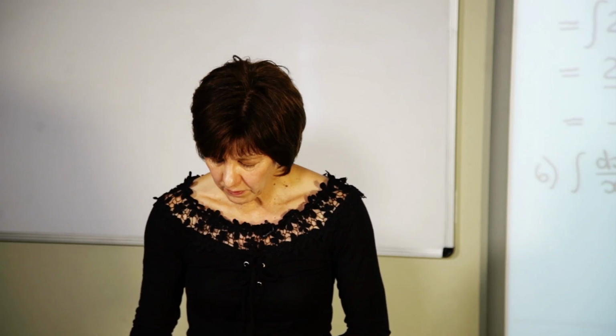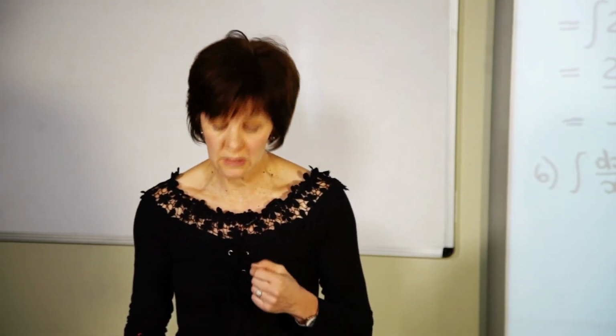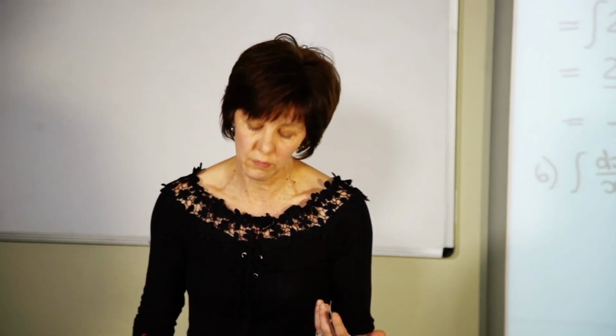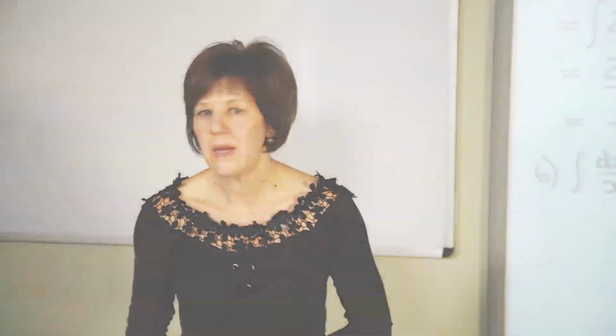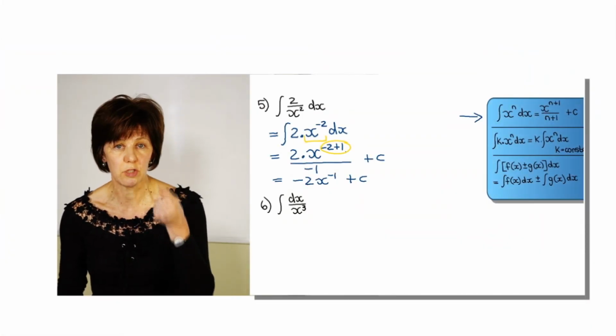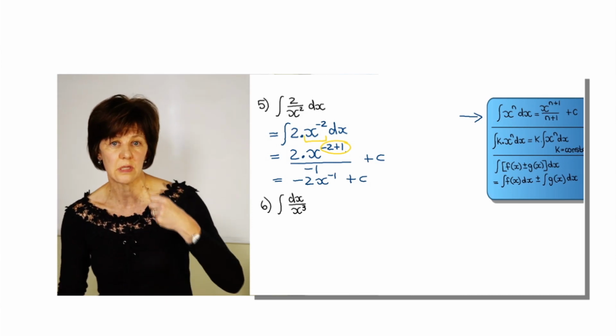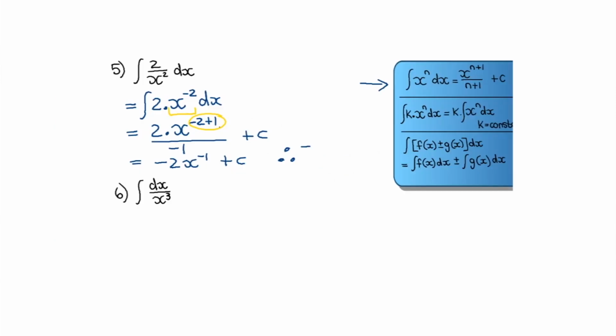But remember we said we are going to give all the answers with positive exponents and in surd form if possible. So my final answer will be, the only way I'm going to get this exponent to be positive is to shift the position from the numerator to the denominator. In the denominator, it will be exponent 1 plus c. So the final answer would be negative 2 over x plus the constant.